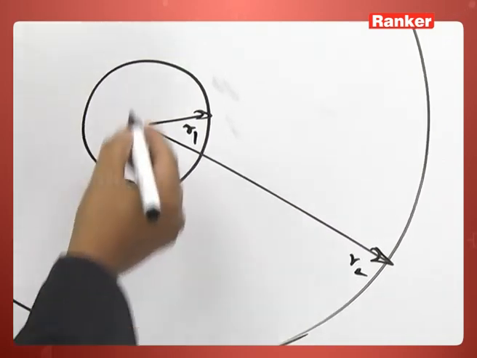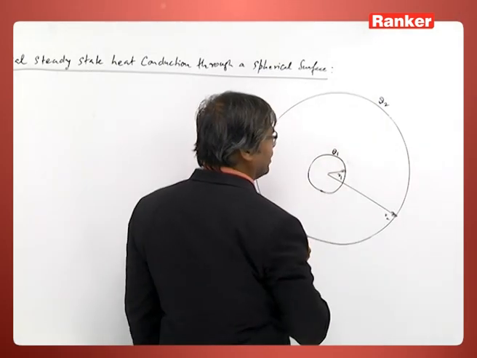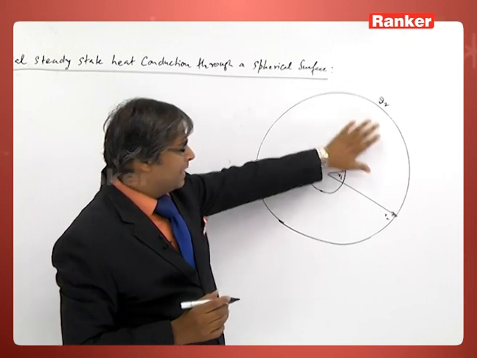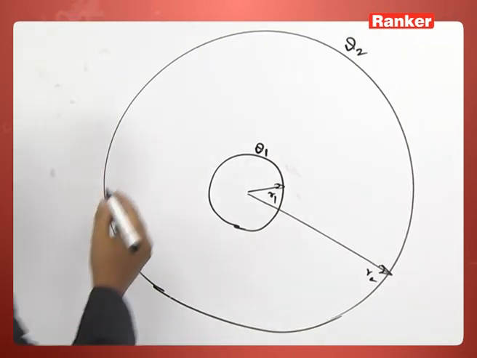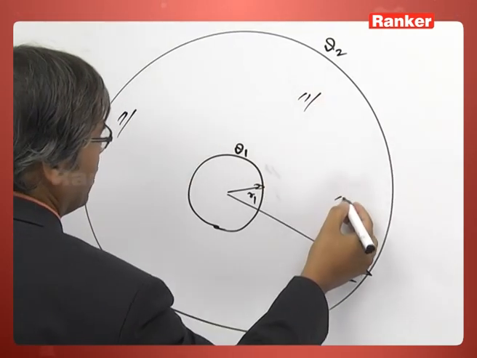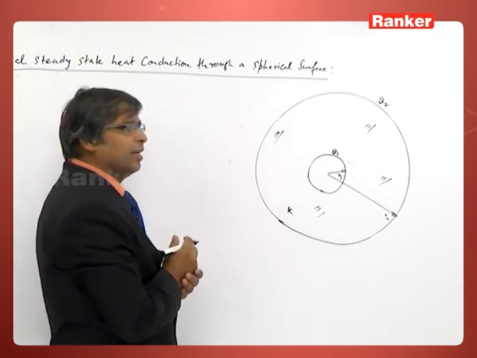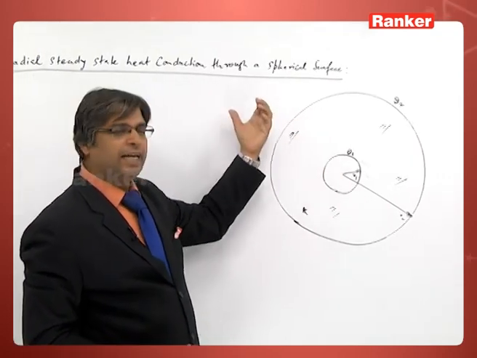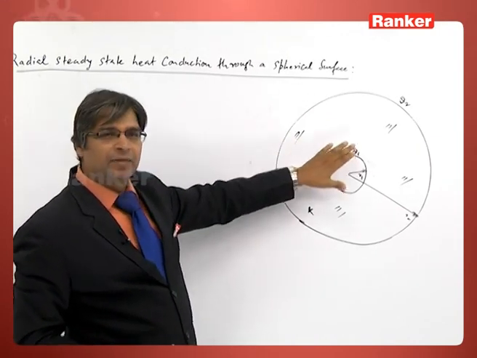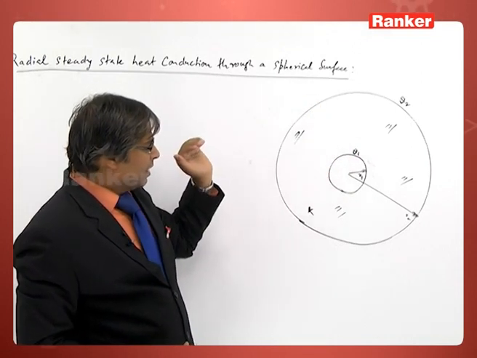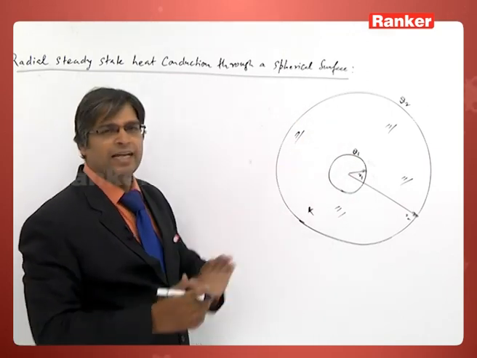The inner surface is maintained at temperature theta 1 and the outer one is maintained at temperature theta 2, and the annular region is filled with a material medium whose conductivity is K. We wish to study how heat current flows in steady state, what the temperature is at different radial distances, given theta 1 and theta 2, the temperatures of the inner and outer shell.